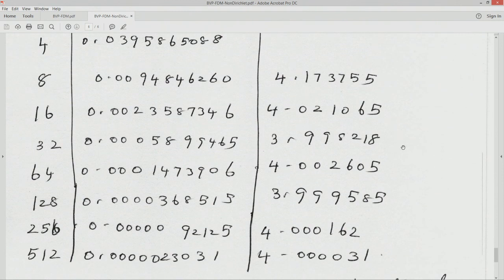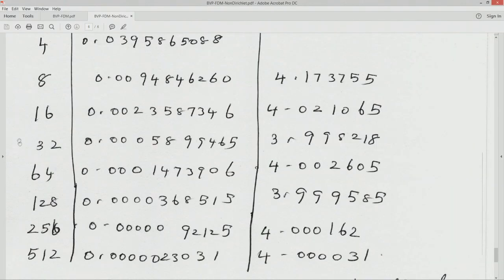We observe that the error is roughly reduced by a factor 4 when we double the number of subintervals, say from 4 to 8, which clearly indicates the numerical accuracy of the second order finite difference scheme that we have used in solving this boundary value problem by a finite difference method.